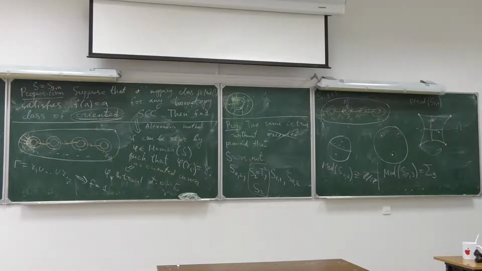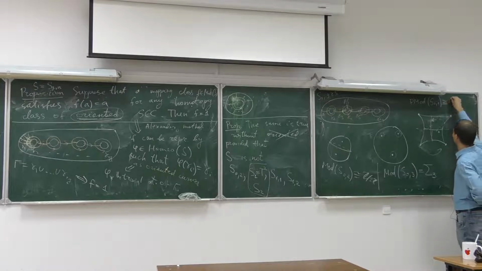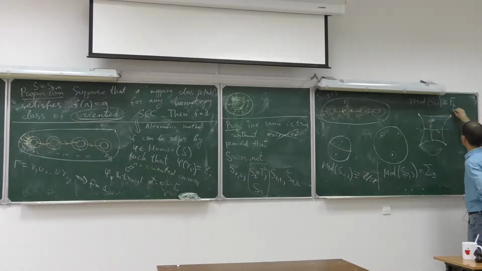Yes, this is a free group with these generators TA and TB. Actually, we know that TA and TB generate a free group. A good question is why this is the whole group.